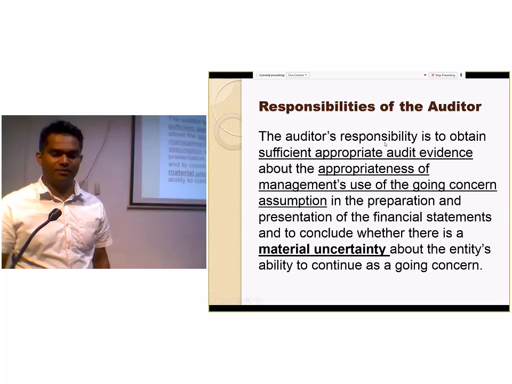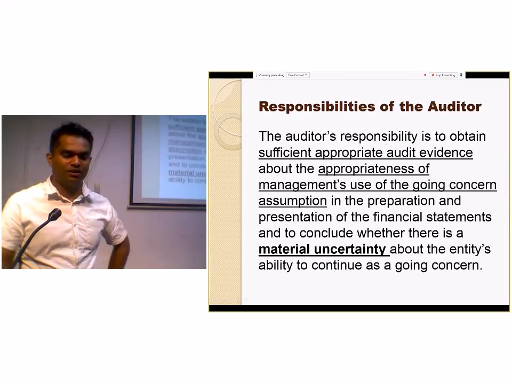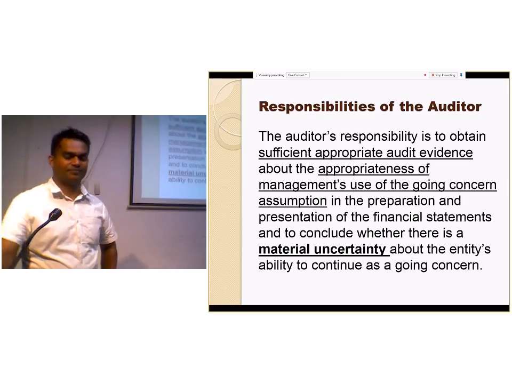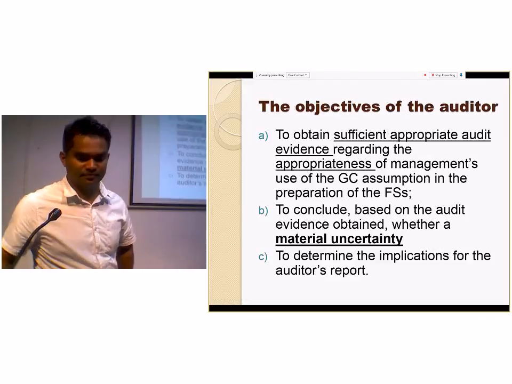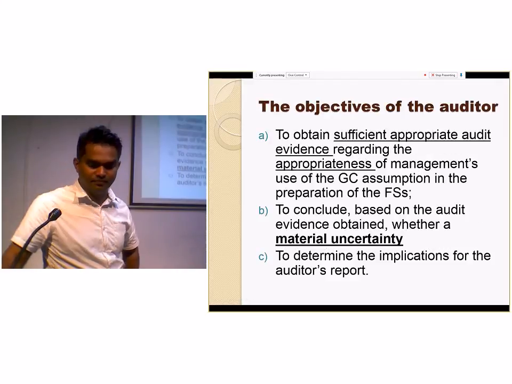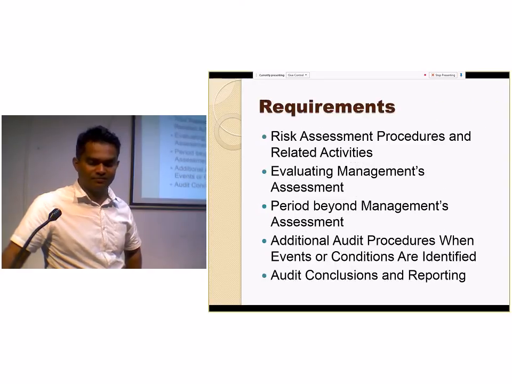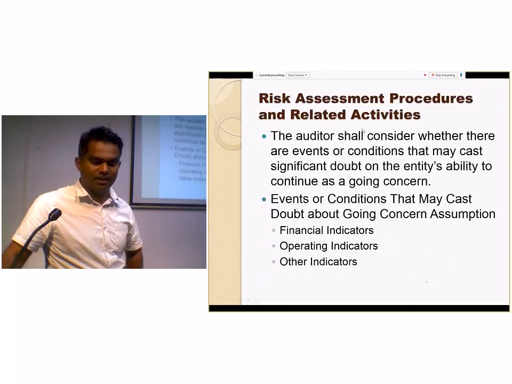As we discussed, the auditor's responsibility is to obtain sufficient appropriate audit evidence about the appropriateness of management's use of the going concern assumption, and whether a material uncertainty is there or not. You will find financial indicators, operating indicators and other indicators.